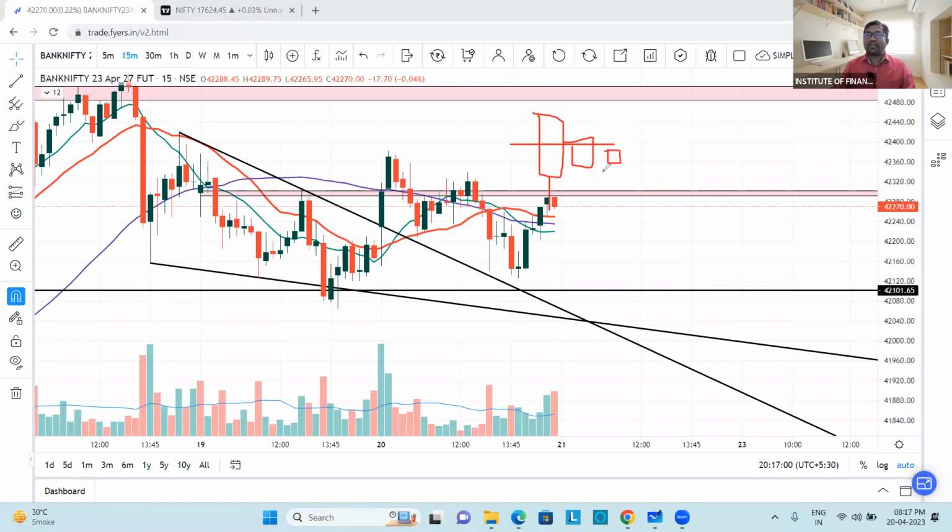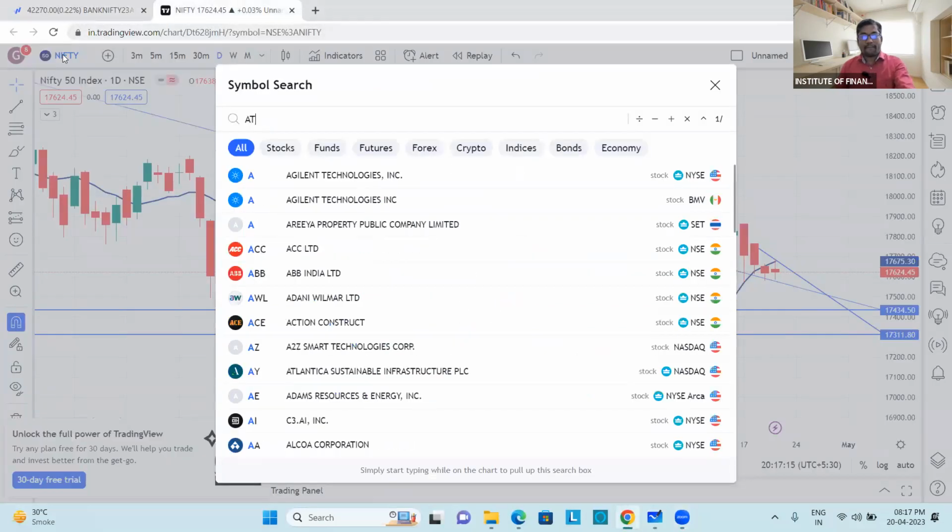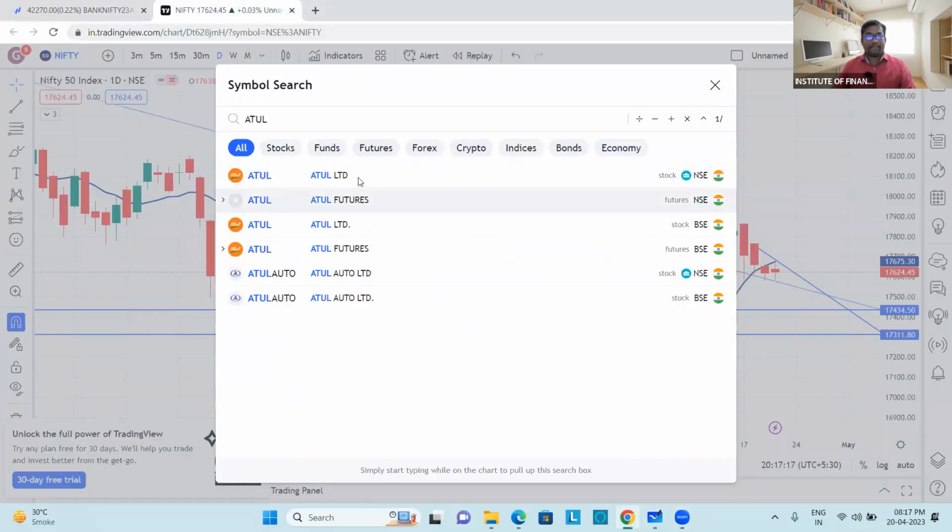It is waiting for the big movement, whether it can be upside or downside. Which Atul stock did you mean? Atul Auto, right?